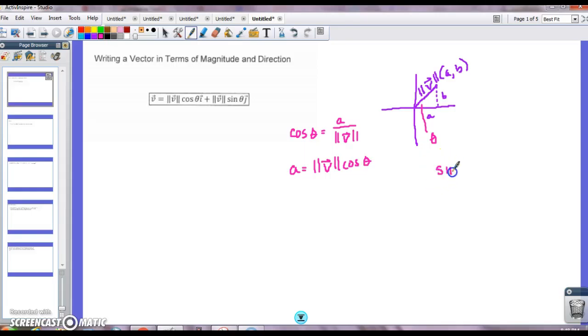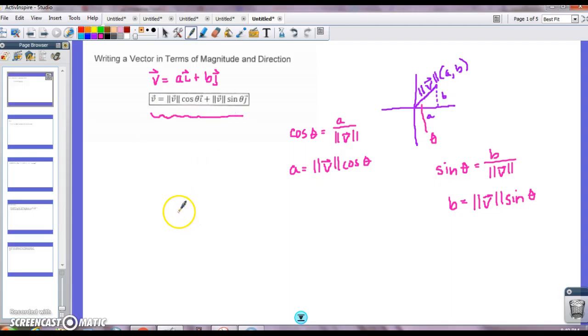Sine of theta would be opposite over hypotenuse. If I cross multiply, I end up with b is equal to the magnitude of v sine theta. And so if you go back to what we talked about before, that the vector v is just ai plus bj, and I substitute in for a and I substitute in for b, that's where this comes from.